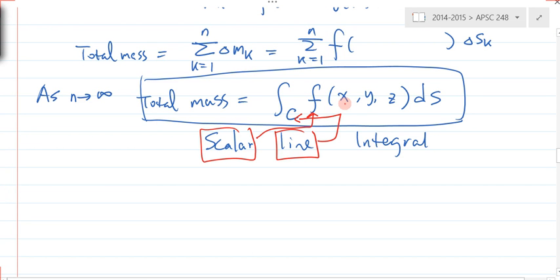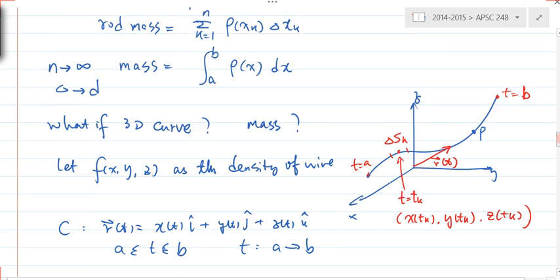At the same time, this x, y, z, remember, what does f here represent? Density, right? It's a density along where? Along the wire. So, are you looking at any x, y, z other than the location on the wire? No. So this x, y, z is restricted to the location on the wire. And what describes the wire?